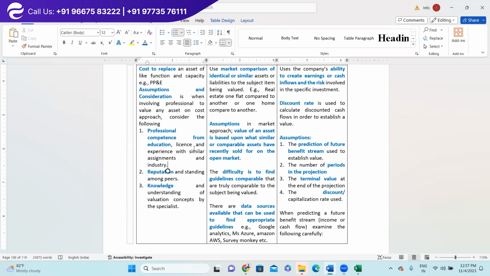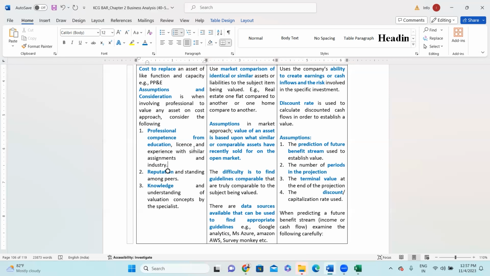So the difficulty is to find the guidelines of comparables that are truly comparable to the subject being valued. Make sense? You will get the identical or similar property, but those are not truly comparable, right? Make sense? Yes.